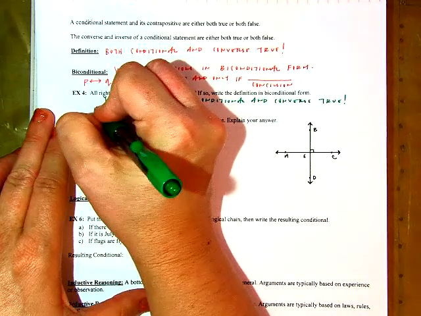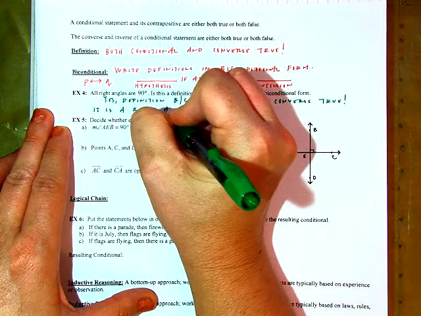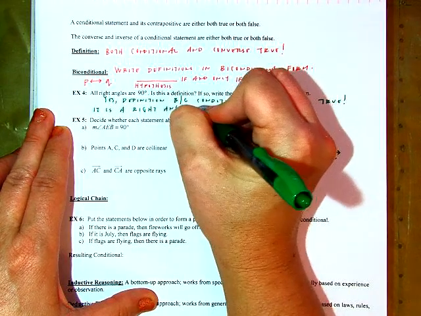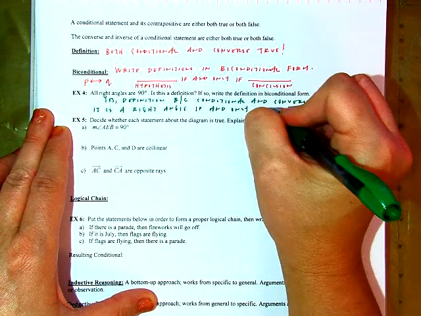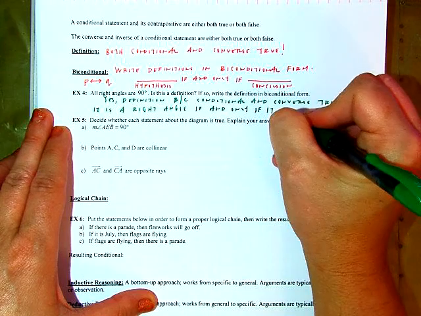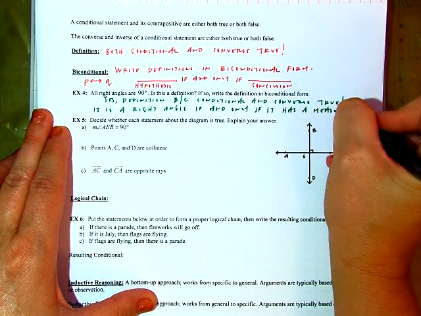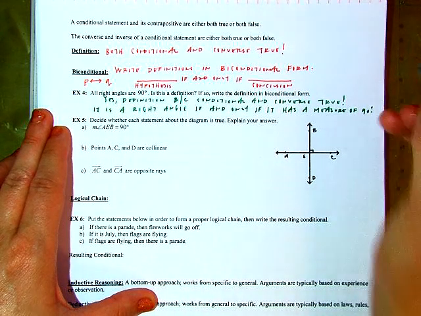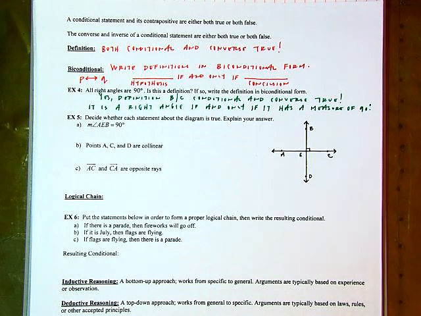So I'll say it is a right angle, if and only if, it has a measure of 90 degrees. Okay, so for a statement to be a definition, both the conditional and the converse must be true, and then we can structure it in biconditional form. The hypothesis, if and only if, the conclusion.